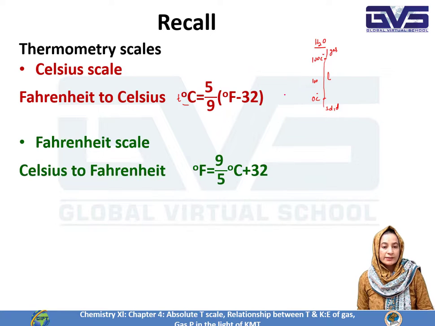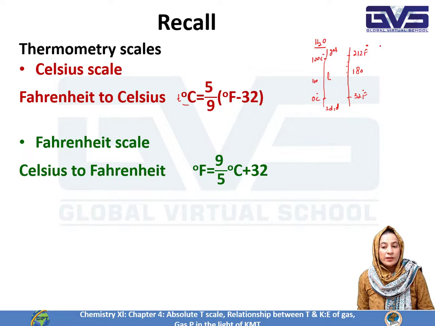While on the Fahrenheit scale, when it is 0 Celsius, it is 32 Fahrenheit, and when it is 100 Celsius it is 212 Fahrenheit, which means there are 180 divisions, so it gives an even more accurate temperature scale.